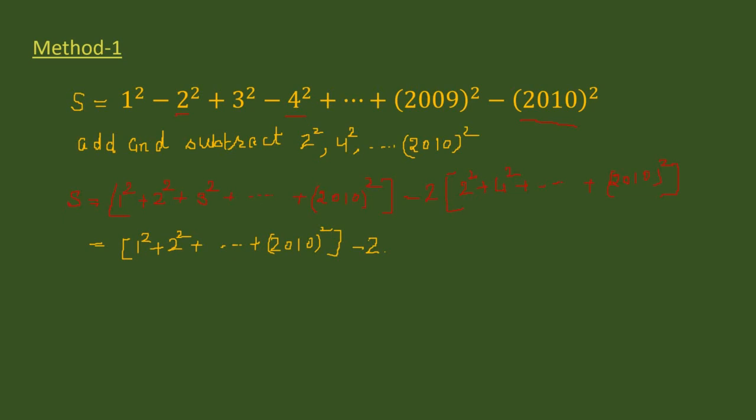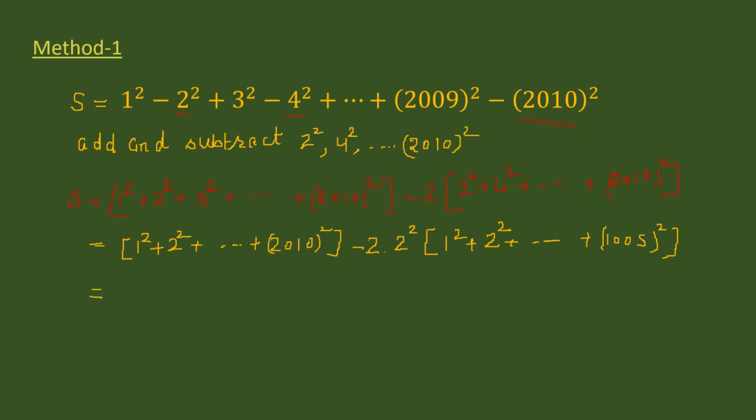If we take 2 square outside from all terms, what we are left with is 1 square, 2 square, up to 1005 whole square. Now you can comfortably use the sum of squares formula.